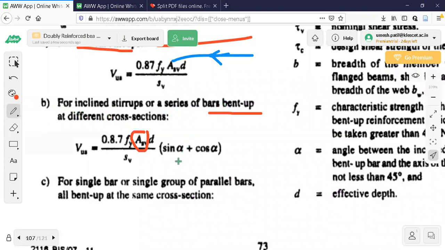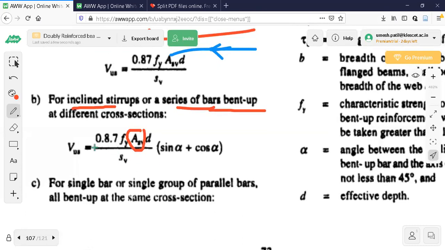Now I'll not be using cos alpha and all in the problem. I'll show you that. Once I use it like that, then I'll tell you where cos alpha has to be used. Because inclined stirrups are not there, we are not going to use inclined stirrups. We are going to bend the main bar. So this formula is nothing but VUS2 in my notes, 0.87 fy into d.